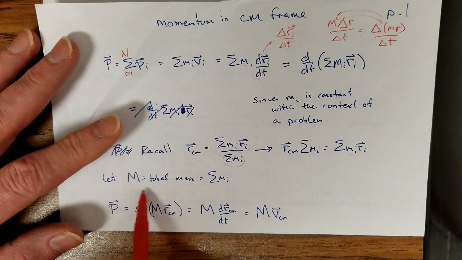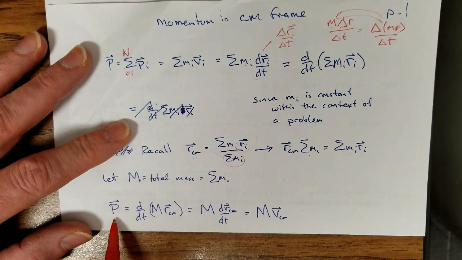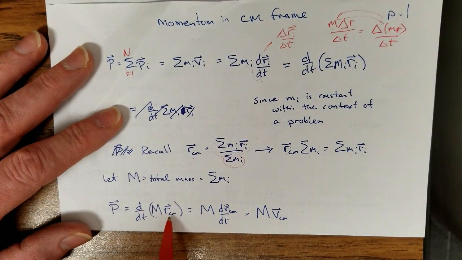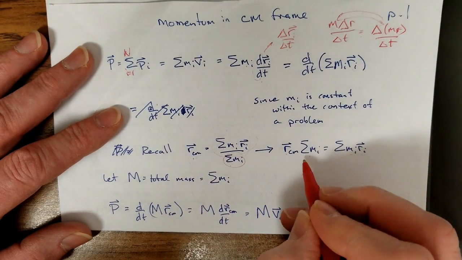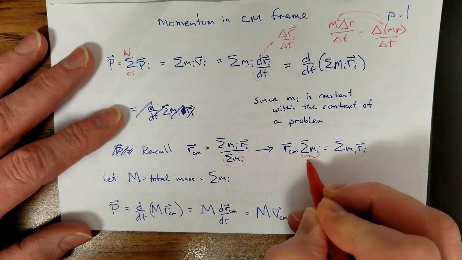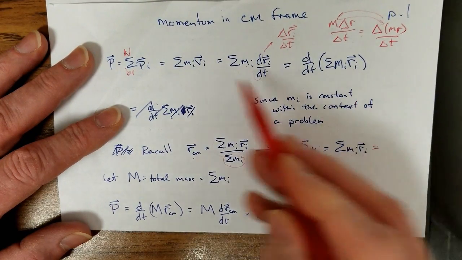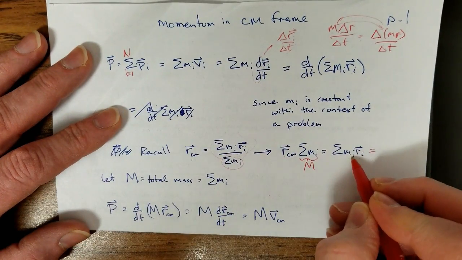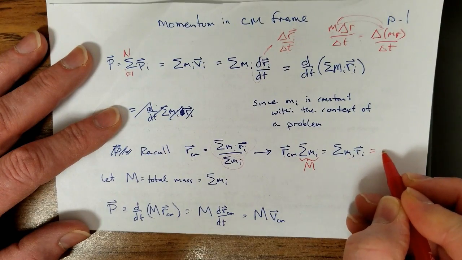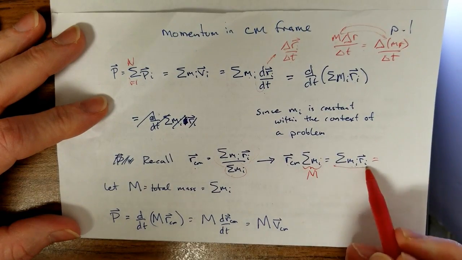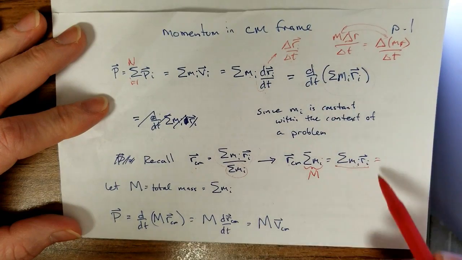So if I let M be the total mass, then momentum is the change in the total mass times position. So that right there would be the total mass. This right here, as we established up here, if I take this with the change in time, that is equal to momentum. This right here, we saw right here.